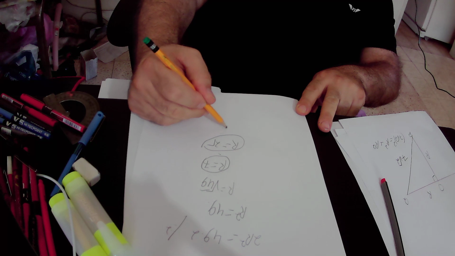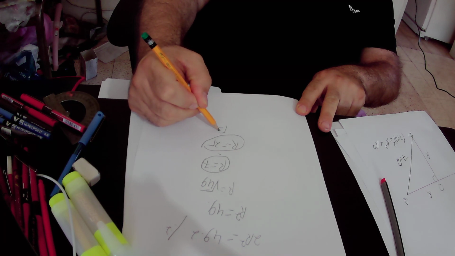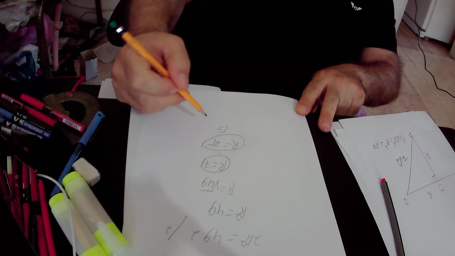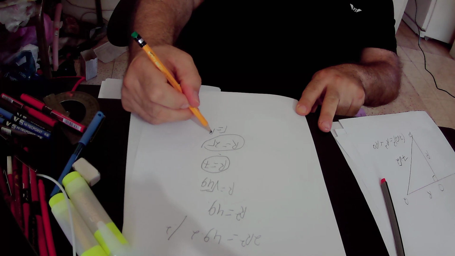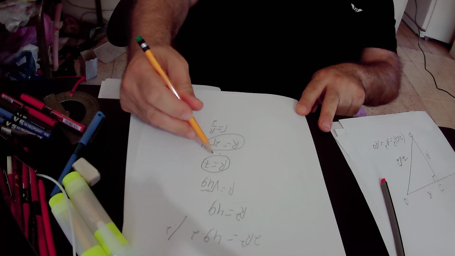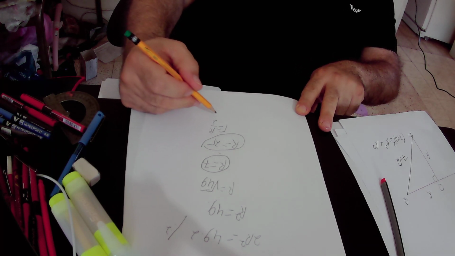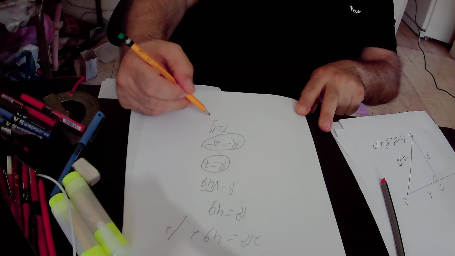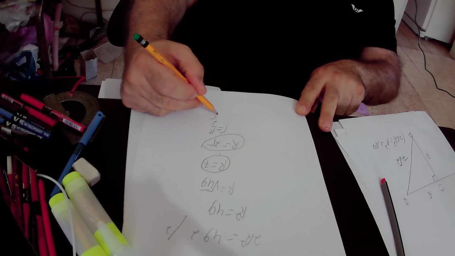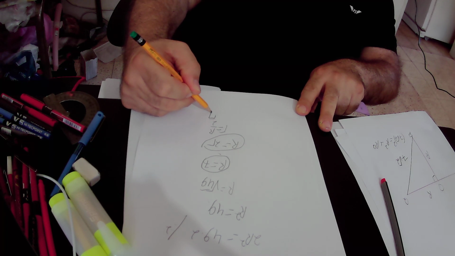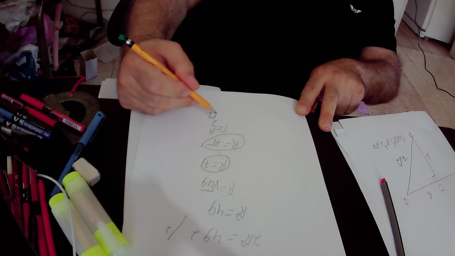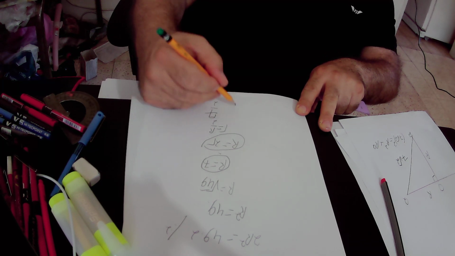So the radius of the small yellow circle is equal to r over 2, and r equals 7, so instead of r I will write 7 over 2.